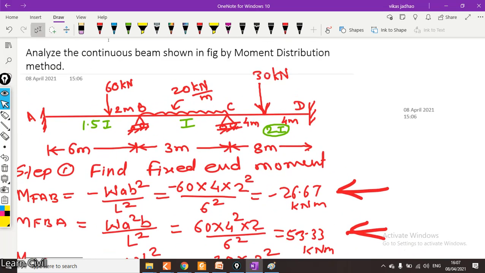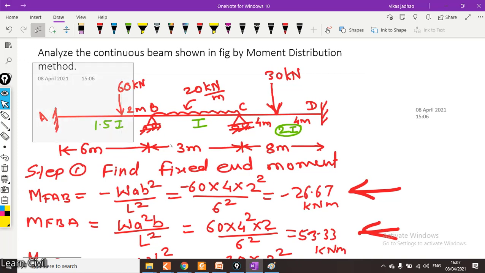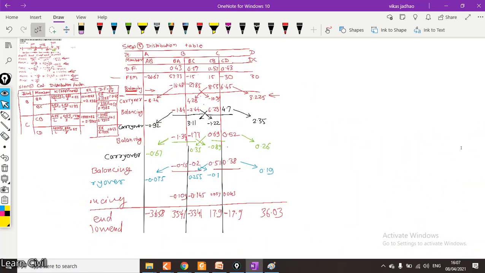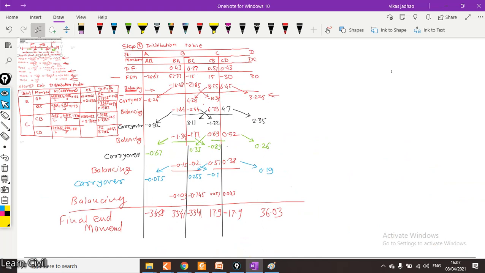Just a minute. We'll be copying this beam for drawing the bending moment diagram, like this.